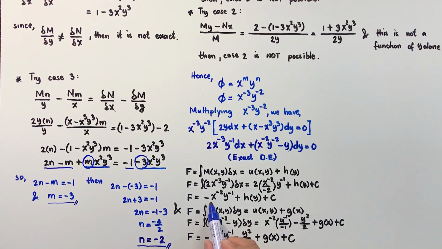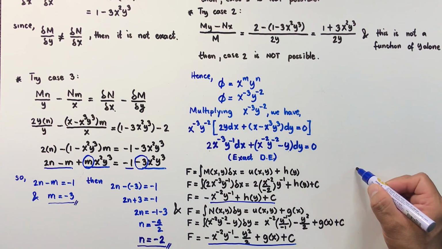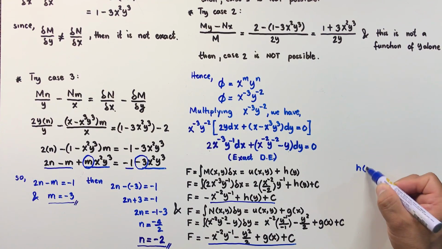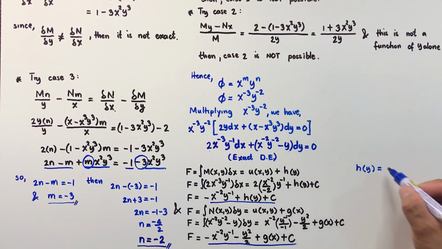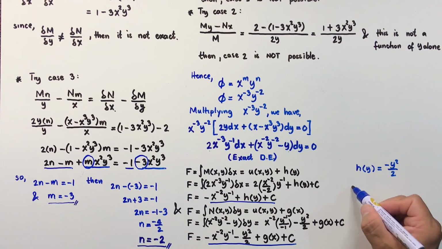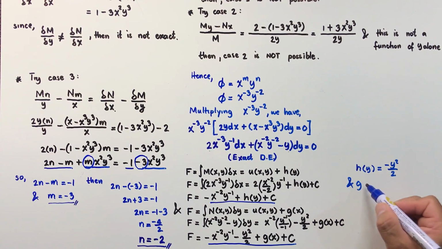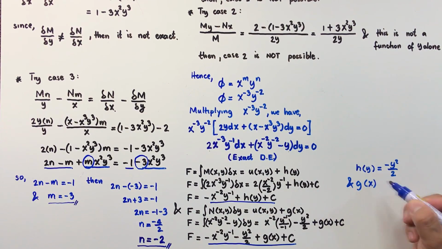And comparing this expression with this expression here, we recognize that our h of y is this one here, because this is the only term that is in terms of y alone. And our g of x is equal to 0 because there is no term that is in terms of x alone.